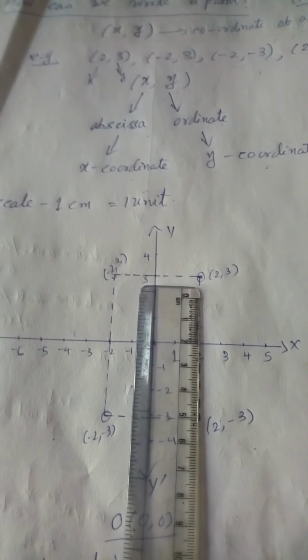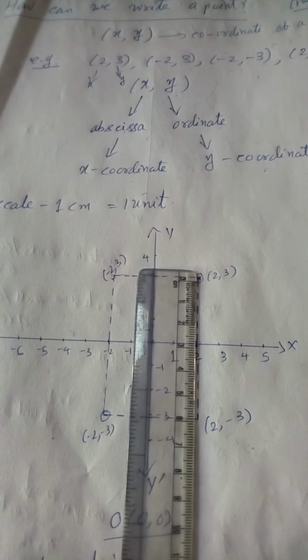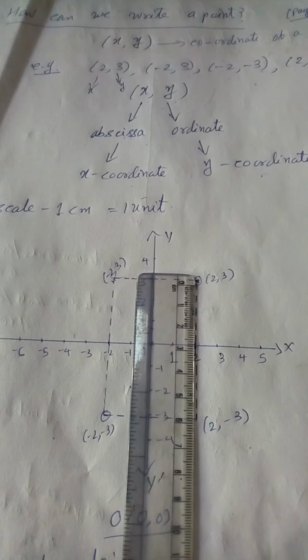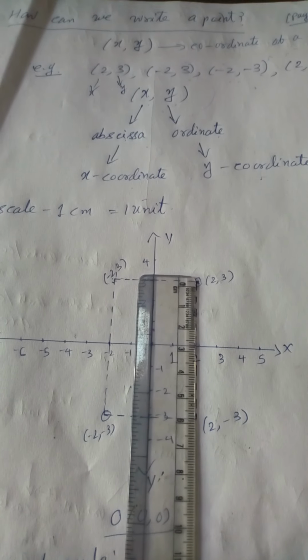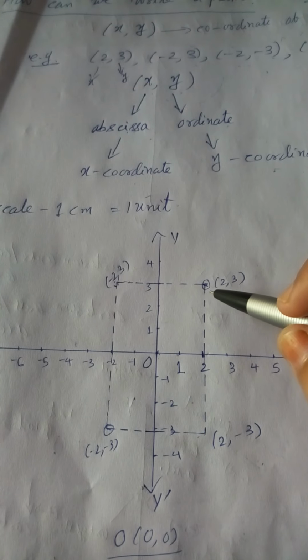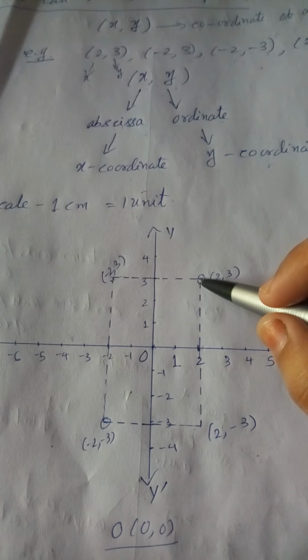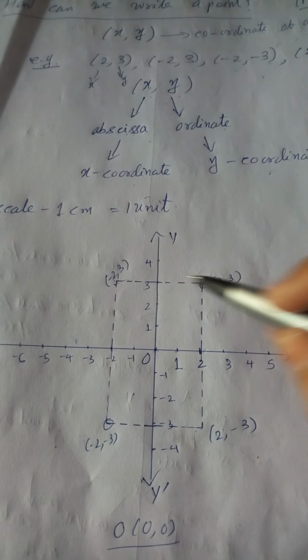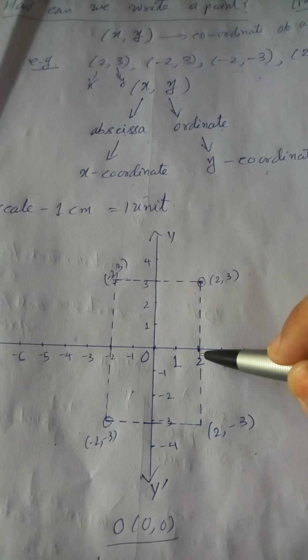From this 2, first you plot the 2, and then from these 2 you measure 3 centimeters upward. Then plot this point. After that, these are joined.